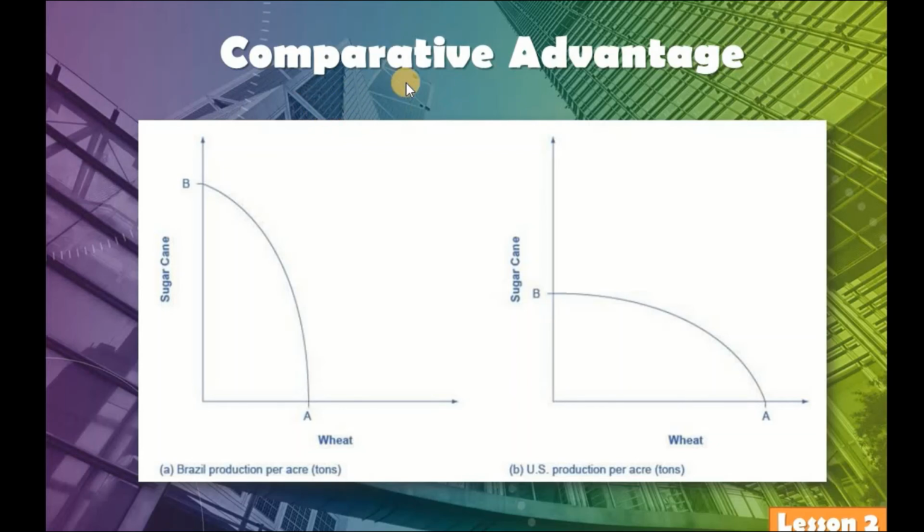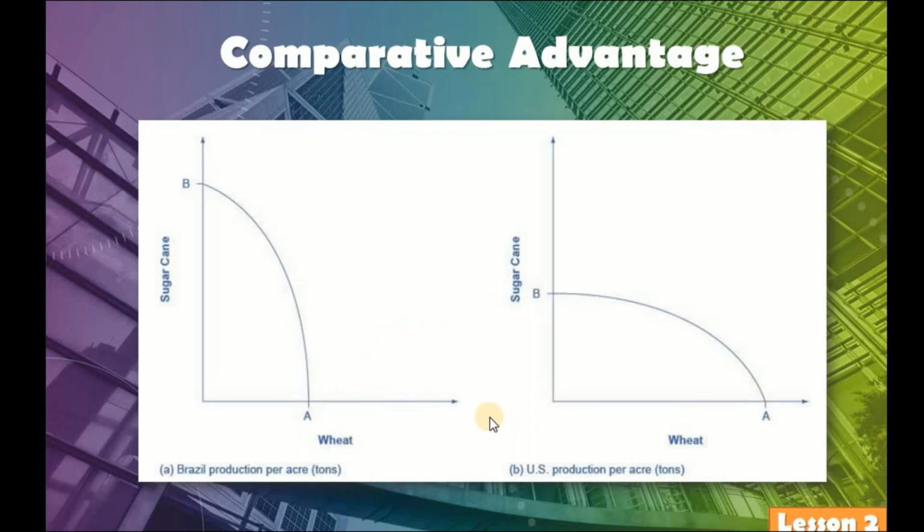Kasi tinawag na comparative advantage. So, in your example, meron tayong dalawa dyan, which is the country of Brazil and the country of US. So, itong dalawang bansa na ito, meron silang tinatawag na comparative advantage. Ano kaya yun? So, let's talk about the two products that they produce, which is the sugar cane and the wheat.